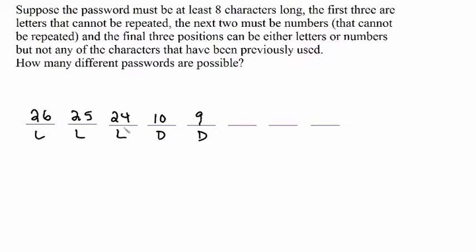There remain 23 letters and 8 digits that have not been used. 23 and 8 would be 31. Nothing states that we can't repeat, so we would have a choice of 31, 31, and 31 for those last 3 choices.